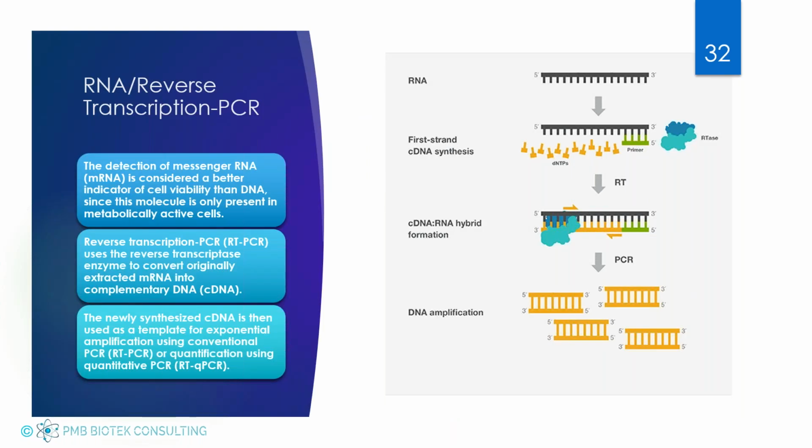And then RNA or reverse transcriptase PCR, they've been employed in viral methods, but we're starting to see them employed in bacterial methods. Why they're important is because by using reverse transcriptase PCR, we're looking for RNA, which means the cell is still viable or from viable cells.